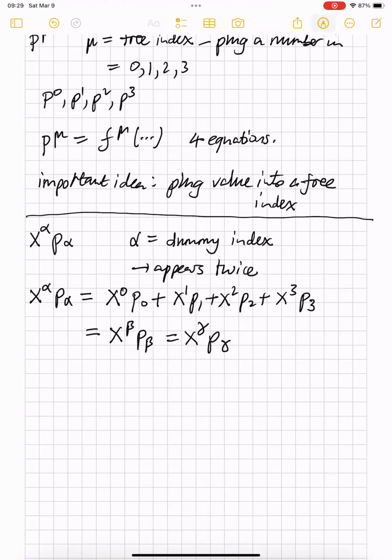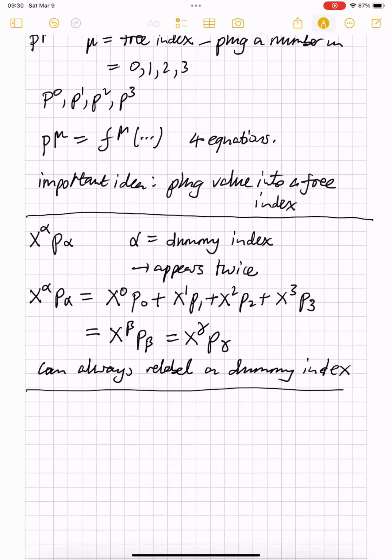You can always change the name of a dummy index, and we call this relabeling a dummy index. The specific name for the dummy index just doesn't matter.